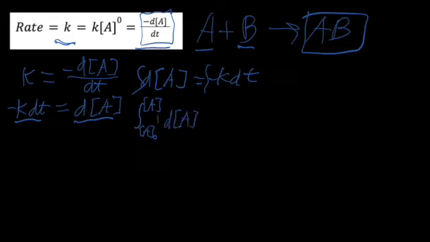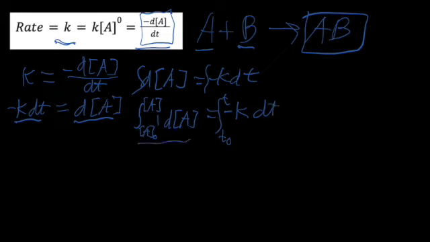And so really this is a 1 in the integral right there, equals negative K, and this is the integral from the starting time, T naught, all the way up to whatever time you want, dt.